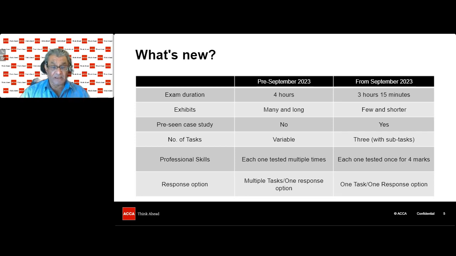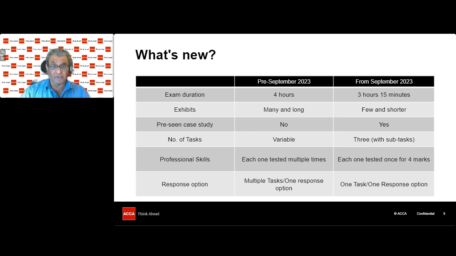Response option. In the past, there were multiple tasks and one response option. For example, most of the answers in SBL would be presented in one enormous word processor document, with each of the tasks on one huge document.